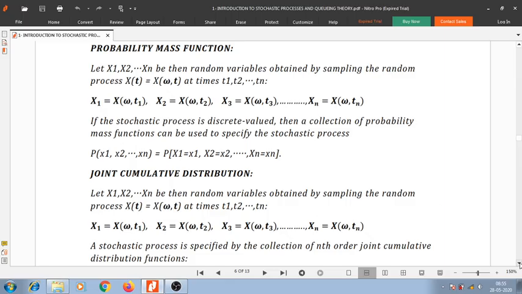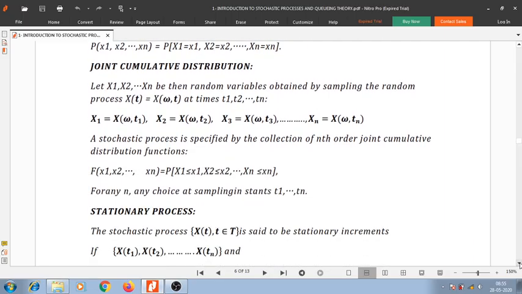Then come to the cumulative distribution function. What is the cumulative distribution function? In our random variable theory, F of x is equal to probability of capital X less than or equal to small x. Here also capital F of x1, x2, etc., xn is equal to P of X1 less than or equal to small x1, X2 less than or equal to small x2, etc., Xn less than or equal to small xn.